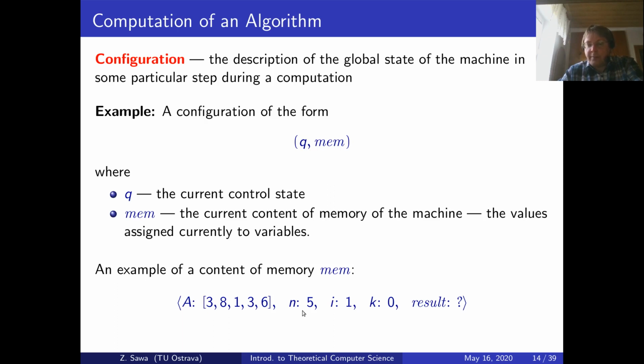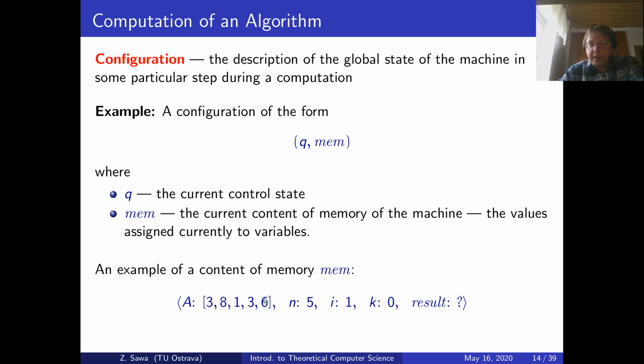The value of variable n is 5, the value of variable i is 1, the value of variable k is 0, and there is also this auxiliary variable result. I have used this question mark to denote that no value has been assigned to this variable result yet. So there is some unknown value, it has not been initialized yet.